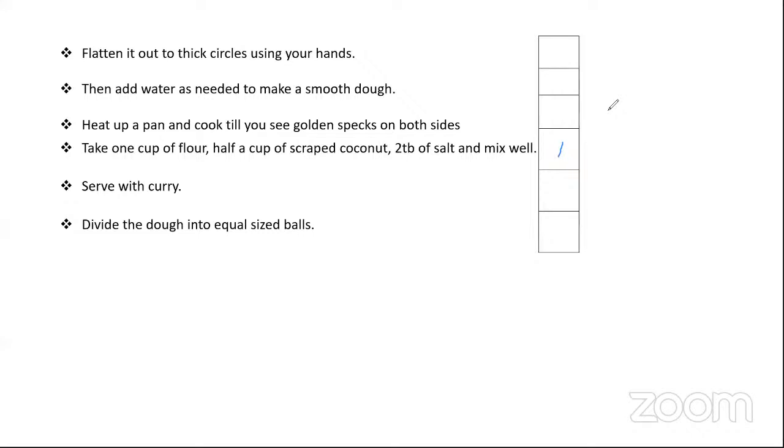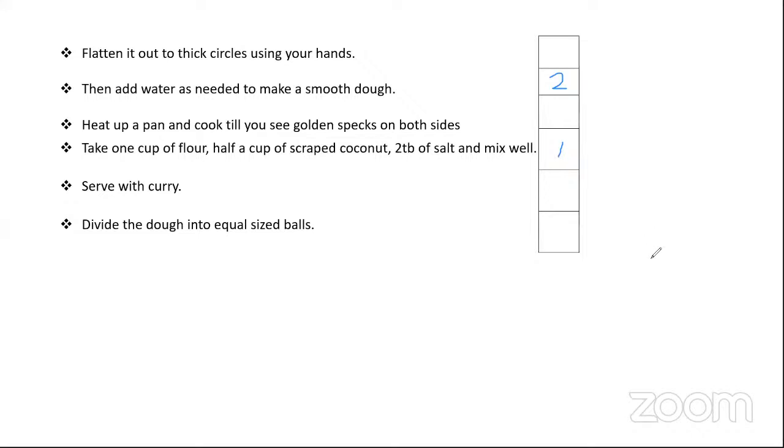What is the second step? Yes, you are correct. Then add water as needed to make a smooth dough. That is the second one. We add some water and mix them well and make a smooth dough.